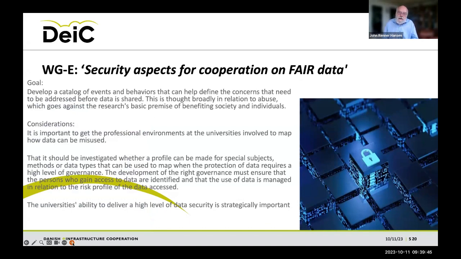Please, the next one. Security, I don't want to go into deep detail on that either. They say we need somehow to understand what the problem is. We have to see what kind of data sets have what kind of problems from a security point of view.